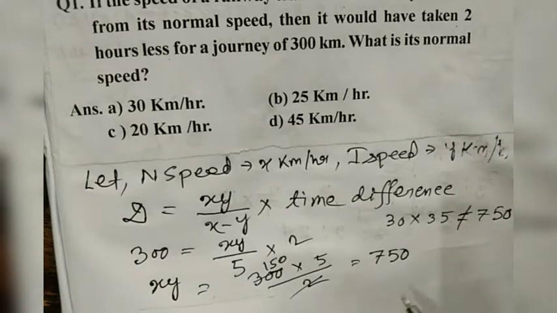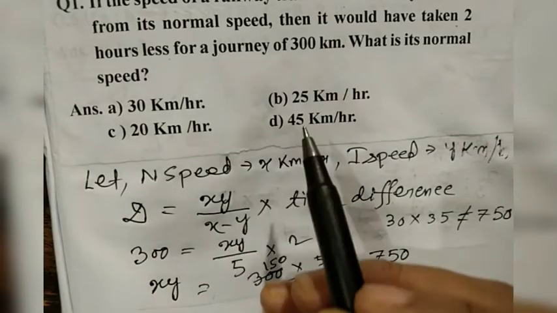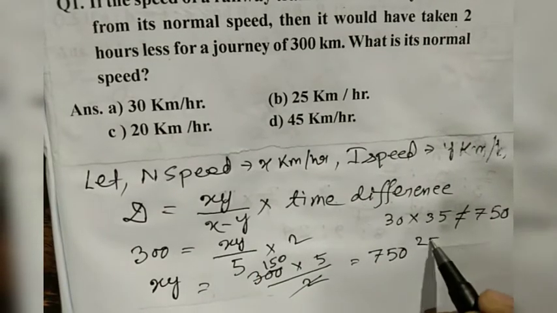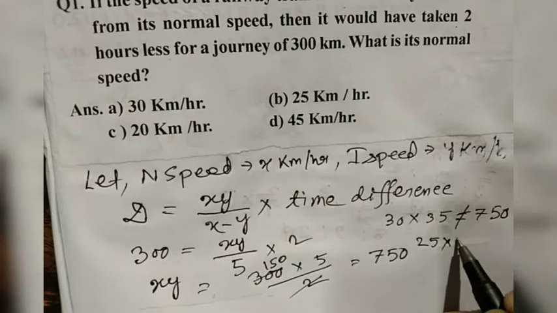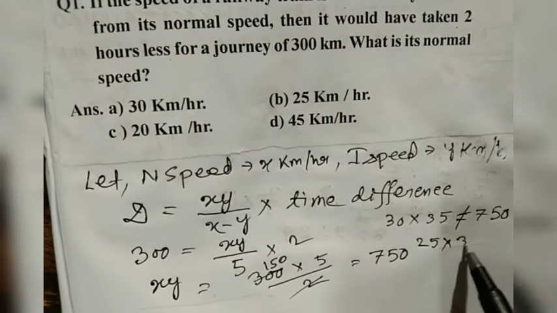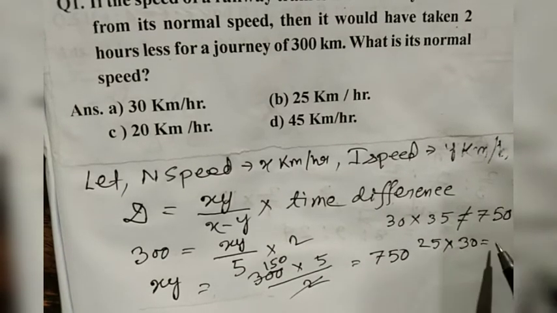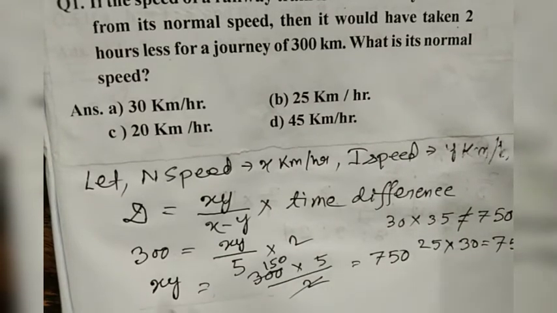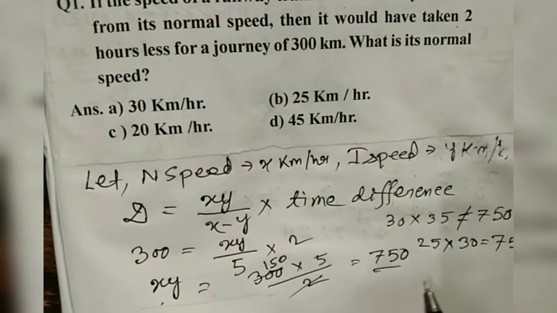Then second option, let x equal to 25. 25 into y, 30, equal to 750. Okay, xy equal to 750. The answer is B.